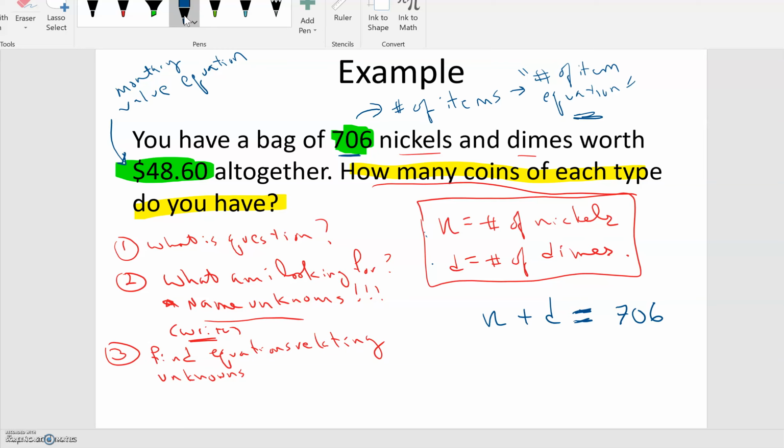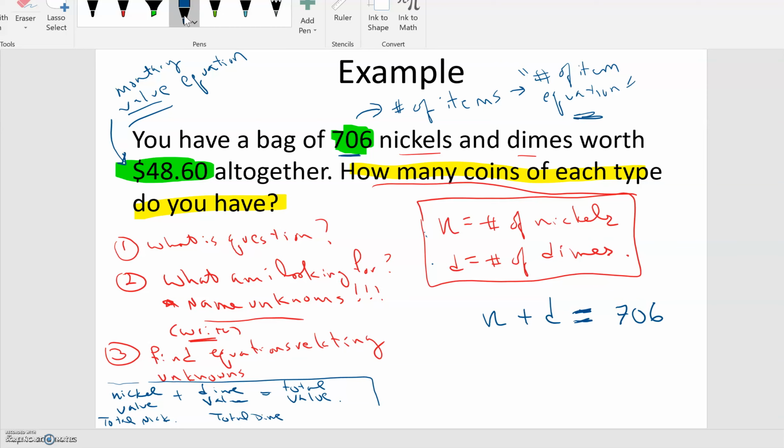And then for my value equation, this is a little bit trickier. Let me write something about value over here on the side. I can say the nickel value plus the dime value equals the total value. When I say the nickel value, I really mean the total nickel value, and here I mean the total dime value.